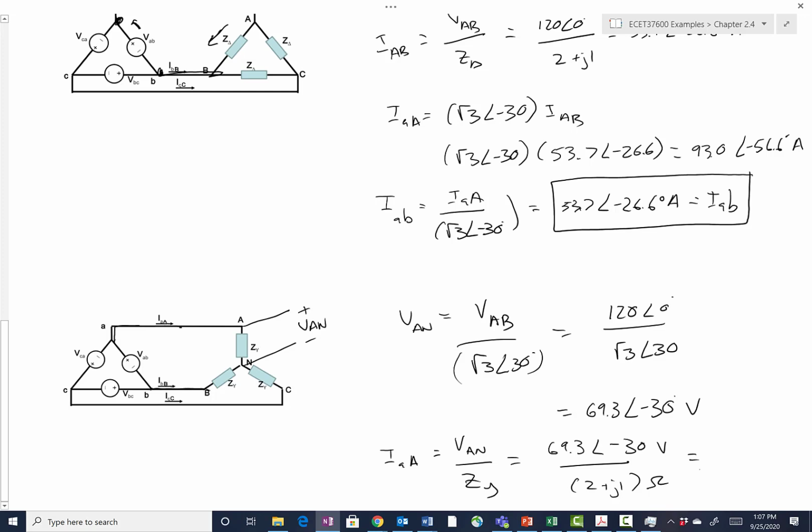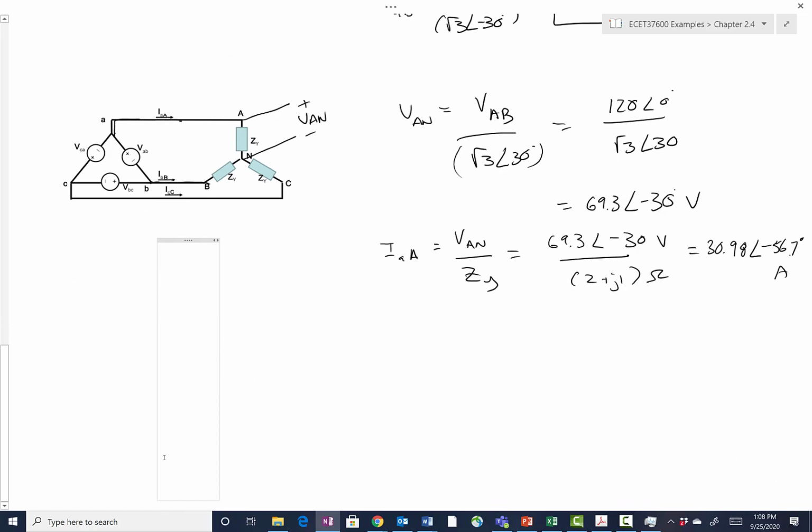That gives me 30.98 at an angle of negative 56.7 degrees. Running out of space there. Amps. So now I know the current flowing here, IAN, and I know that IAN has to equal IAA. So that's what I'm saying right there.